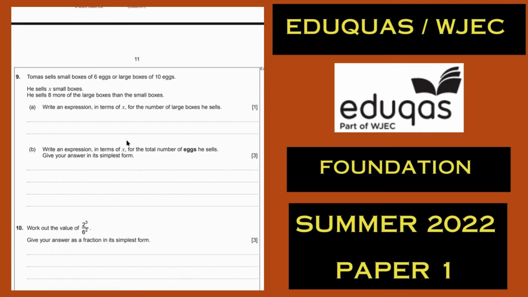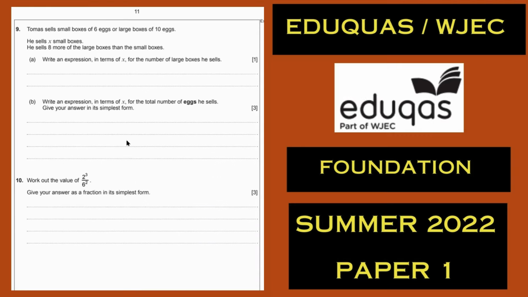Number 9. We're selling eggs, small and large boxes. Write an expression in terms of x for the number of large boxes he sells. It's there. If you sell x amount of small, 8 more large, there's your amount of large. Done. Write an expression in its simplest form for the total.